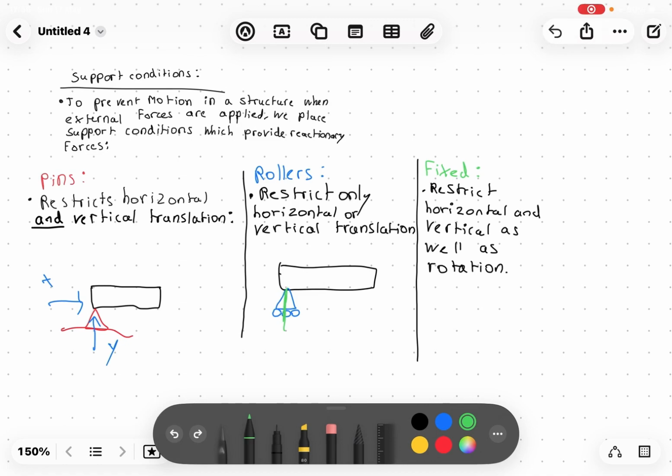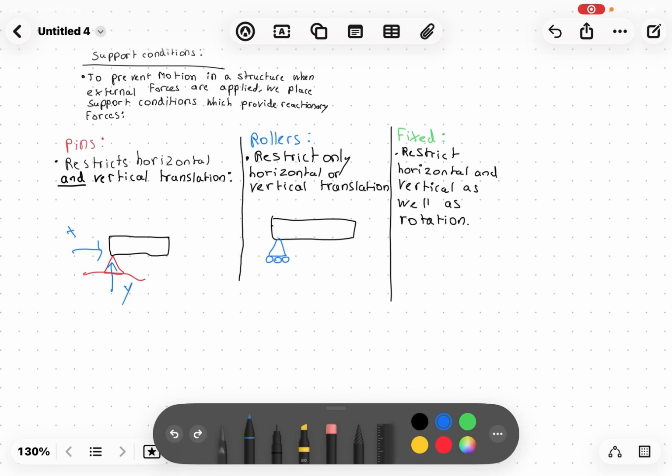However, there's a situation where it can also be like this, and so the force will go like this, vertical and horizontal, I assume. To be fair, I'm not sure, but basically this is how it is.